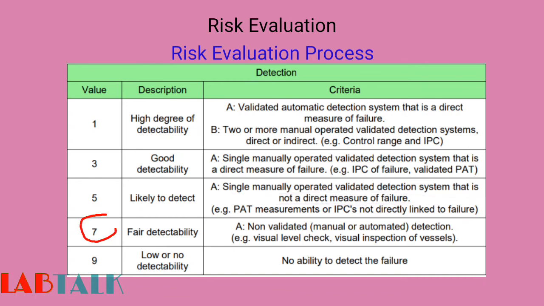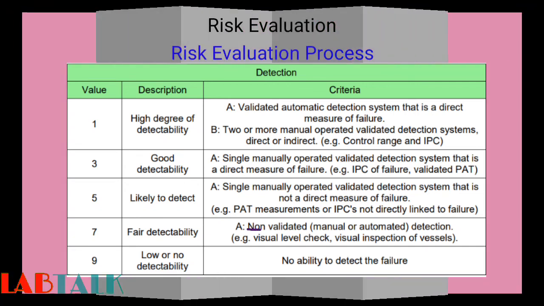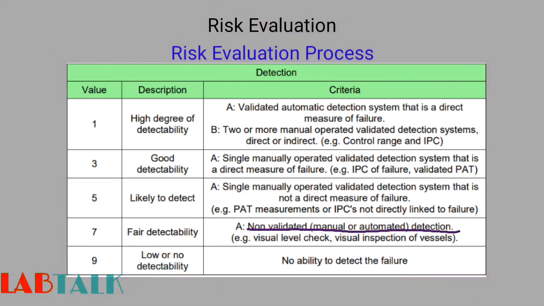Next is a score of 7, which implies fair detectability and involves a non-validated detection system, which can be manual or automated, simply via visual inspections or visual inspections of vessels. A score of 9 describes low or no detectability.